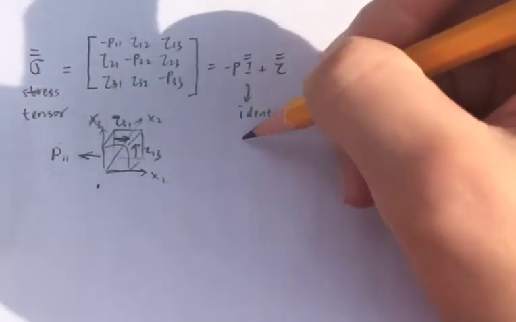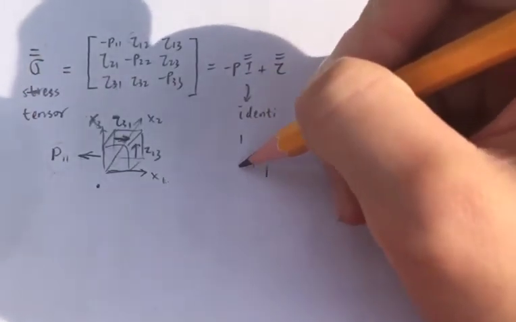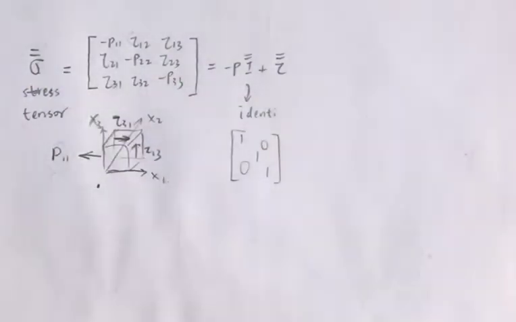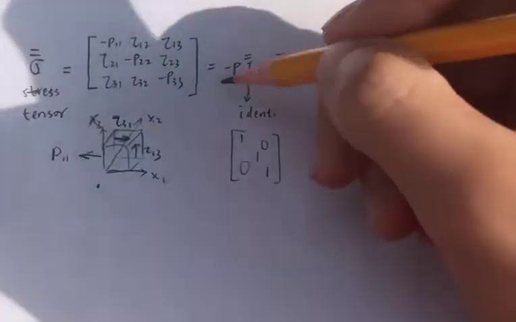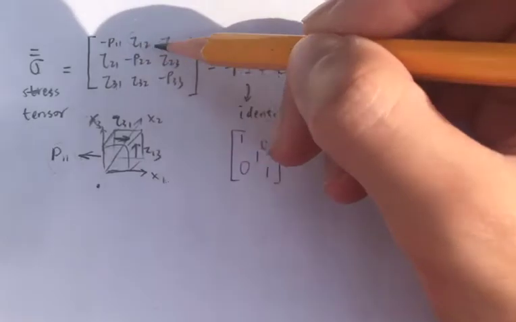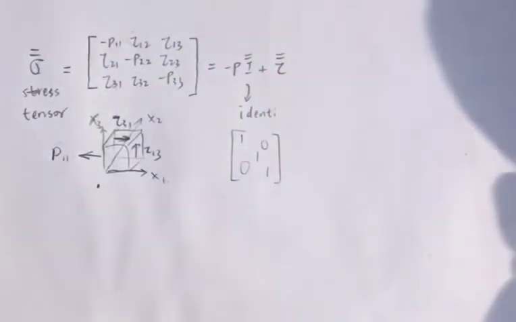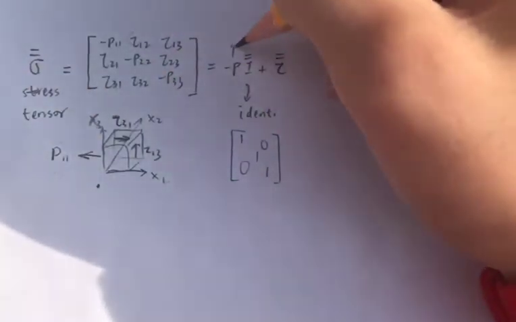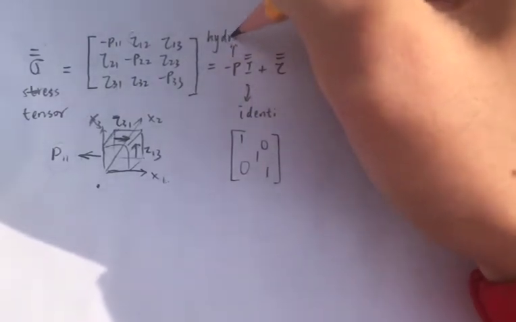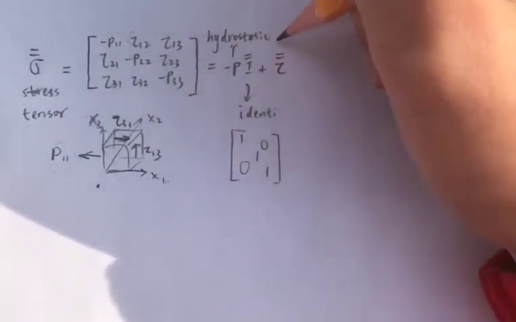Basically, it does that. So the I, if written out, is something like this. It's just like an identity matrix, right? So what is the P? The P here isn't the same thing as P11, P22, or P33. The P here is what we call the hydrostatic pressure.